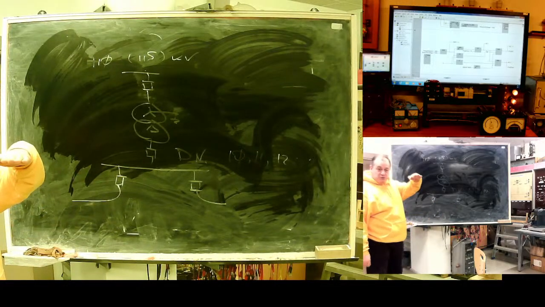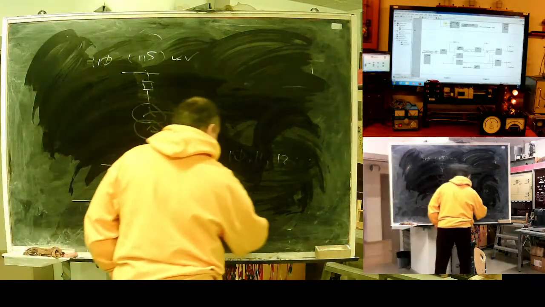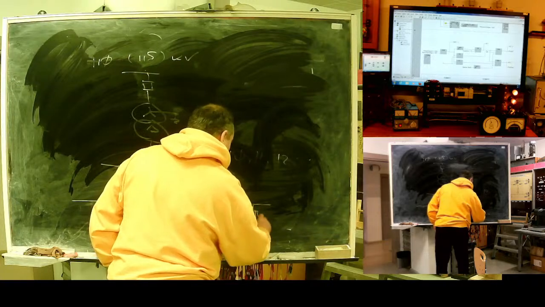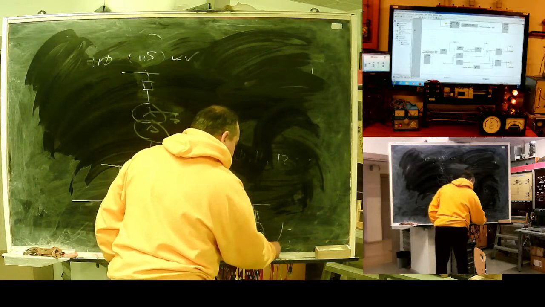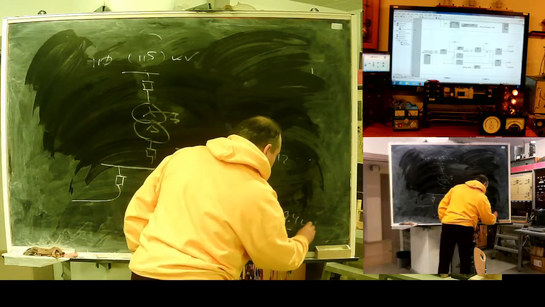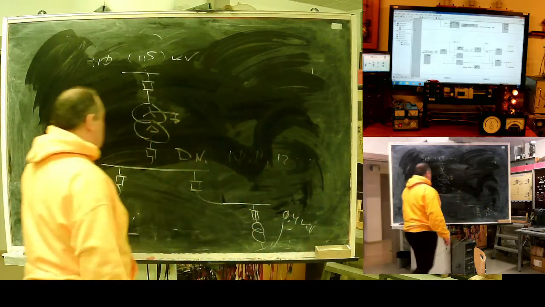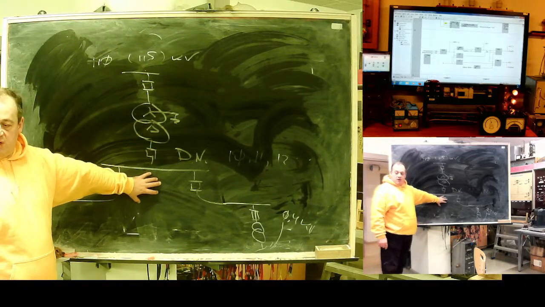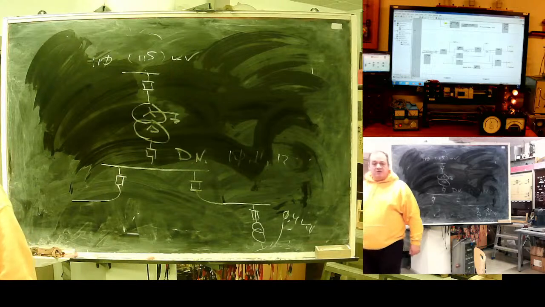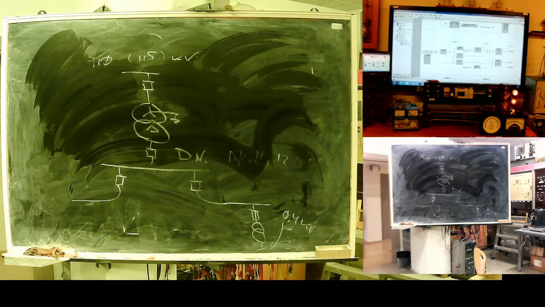Middle voltage distribution network. Here we will have a 0.4 kilovolt attachment. At this connection point, a lot of this network changes.